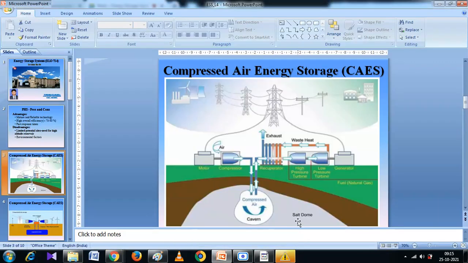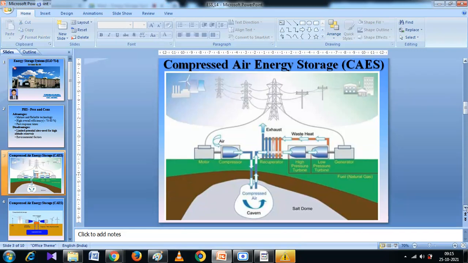Now we see the diagram. This is a salt cavern. In the salt cavern, we first push in water and take out the salty water, so that it creates an empty space, and that empty space we can use as a reservoir.